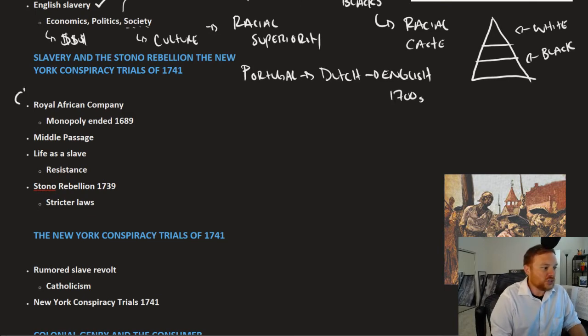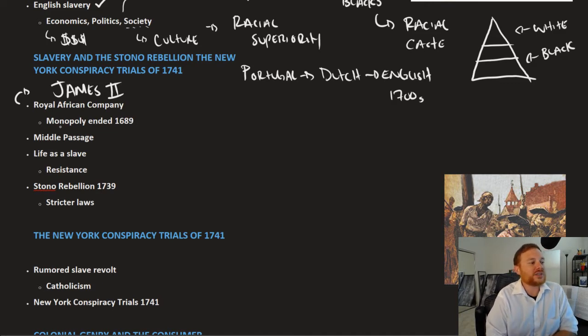Now, the English king, James II, had allowed this company, the Royal African Company, to have a monopoly on the transatlantic slave trade. However, James II was forced to relinquish his throne in the Glorious Revolution, if you'll recall, and that monopoly ended.